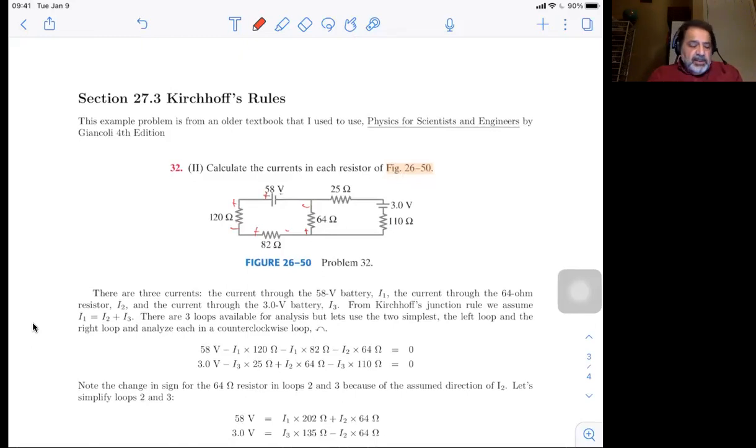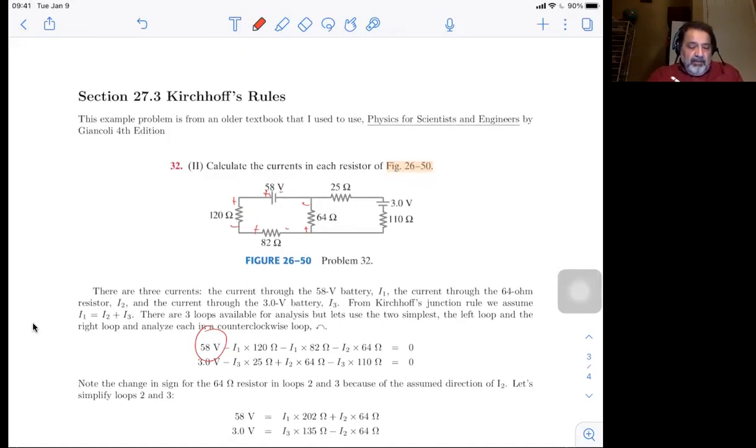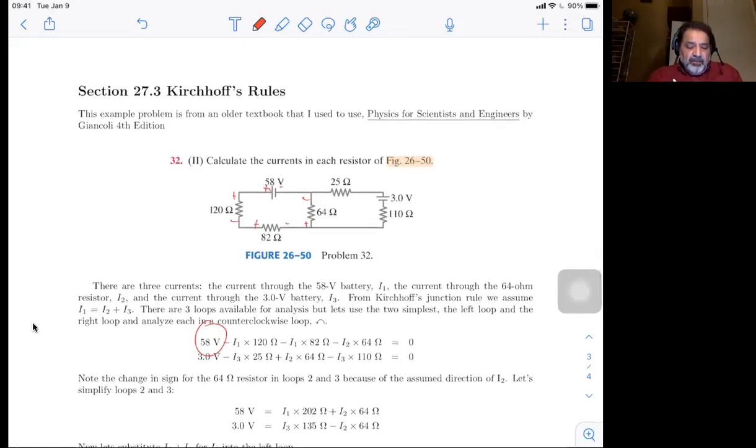So if we start with the battery, it's a plus 58 volts, that's this, minus I1 times 120 ohms, that's this one, and then minus I1 times 82 ohms, because we're exiting there, and minus, now we're calling this one I2, minus I2 times 64 ohms. That gives us our first equation.